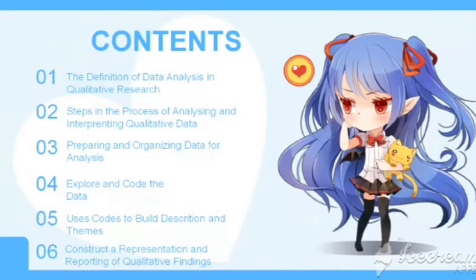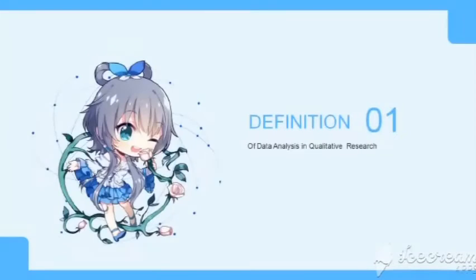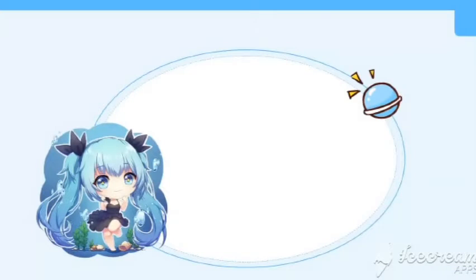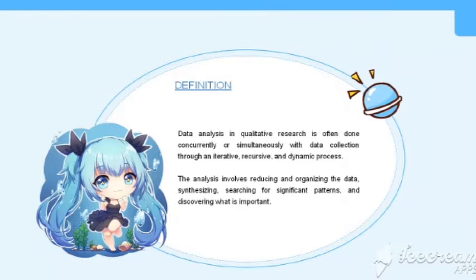So we go to the first point, that is the definition of data analysis in qualitative research. Data analysis in qualitative research is often done concurrently or simultaneously with data collection through an iterative, recursive, and dynamic process. The analysis involves reducing and organizing the data, synthesizing, searching for significant patterns, and discovering what is important.